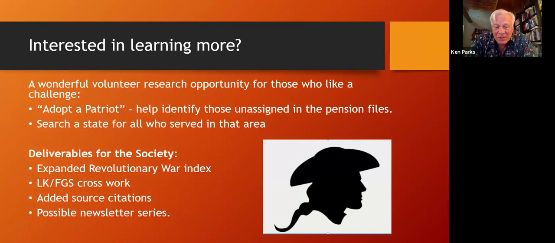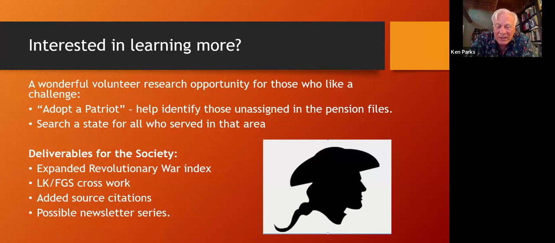And basically for the society, what's in it for them? Well, it will expand our Revolutionary War Index, help fill out that pension file, annotated file, use it to cross-work the lineage key and the family group sheet entries.